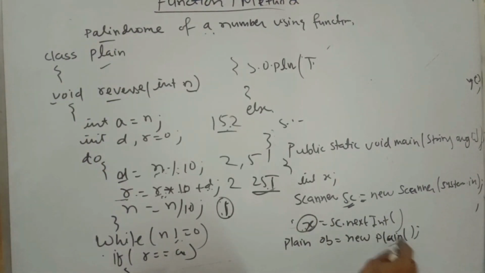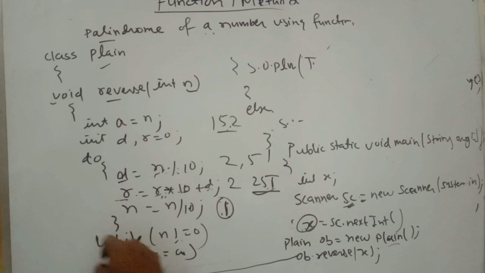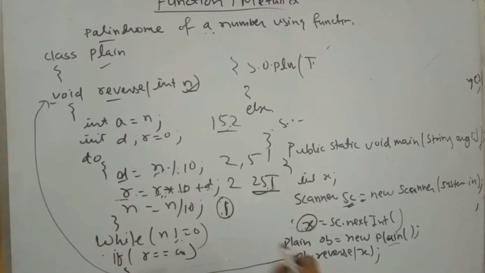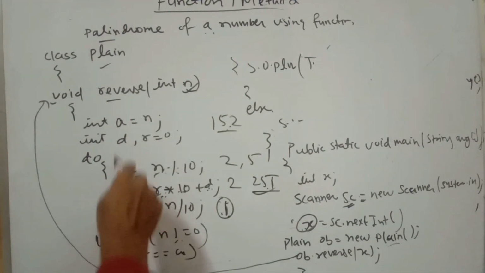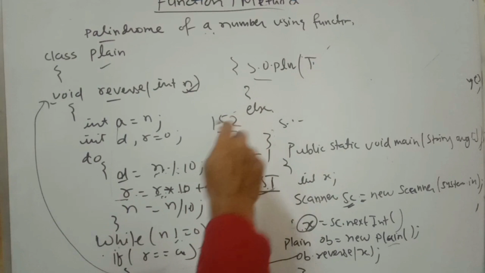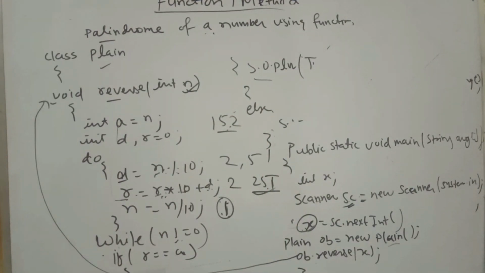Now after that call ob.reverse method, so reverse with this x. When you call reverse, it will go here and the value of x reaches here. Then it will go through the code block, and after that it will print whether it is a palindrome or not a palindrome. So that is about the void method.